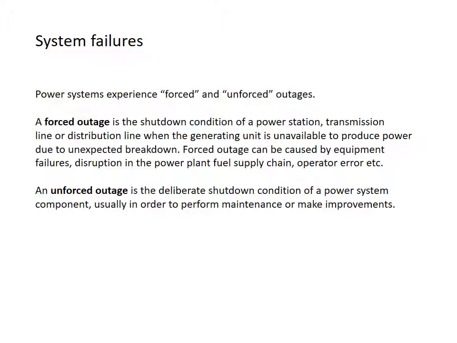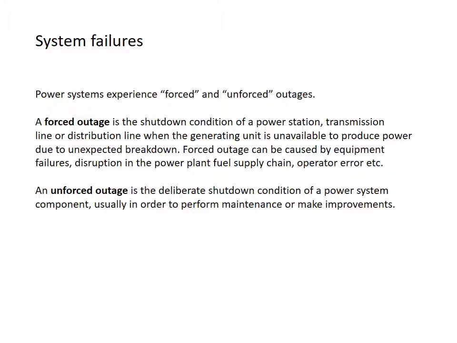Transmission being high voltage transmission, distribution being much lower voltage lines that take electricity after being transformed off of high voltage transmission lines and deliver it to end use customers. So at any point along this interconnected infrastructure system, we can experience failures.